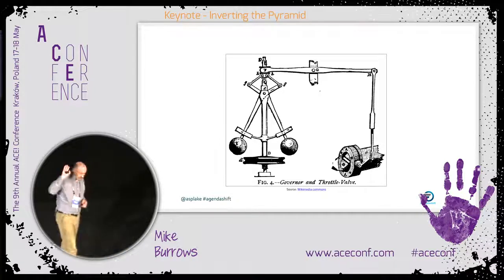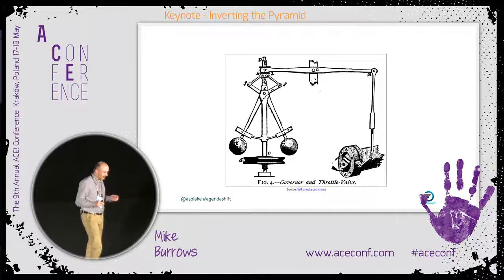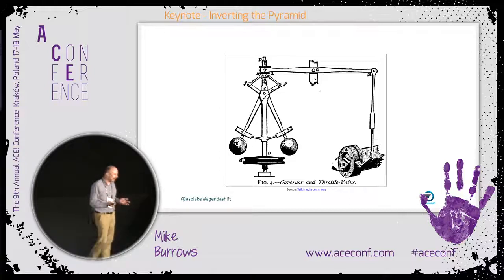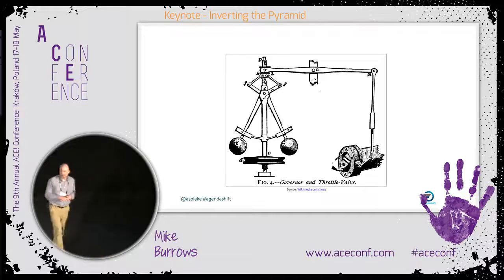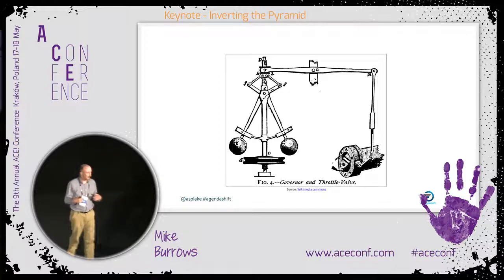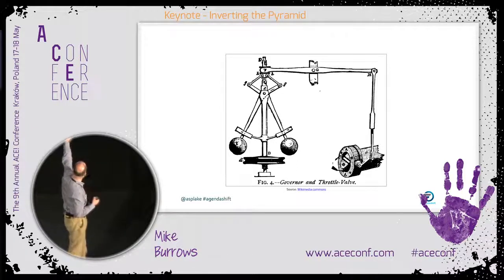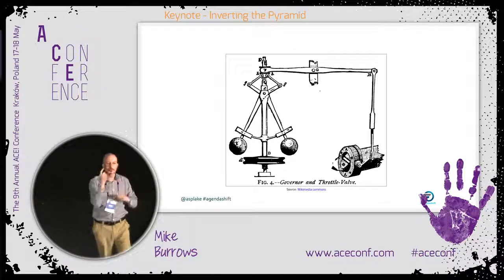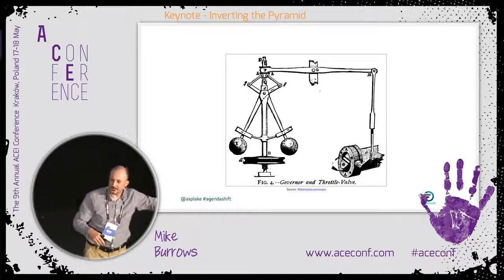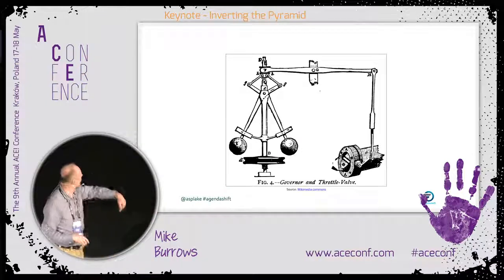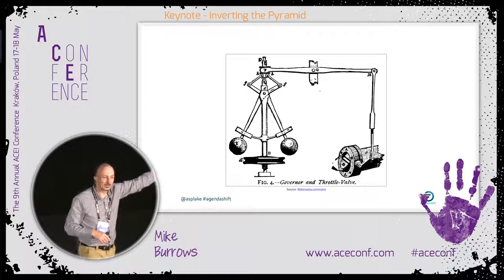So here's where I would often ask for a show of hands: who recognizes this picture, who's into steam? It says a governor and throttle valve. Those of you who've seen the stationary kind of steam engines, as the steam engine gets faster and faster, the weights on the left spin round and rise up, and through a series of levers and rods, they control the valve on the left.